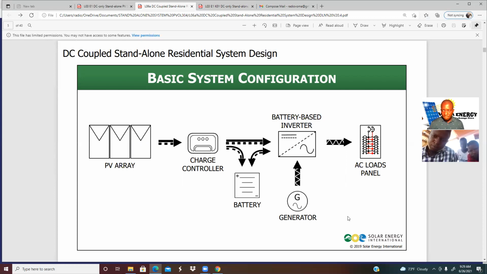All right. So we have the PV array, the charge controller, the battery, the battery-based inverter, the generator, and the AC load. So this graph is showing how the system is going to be configured.